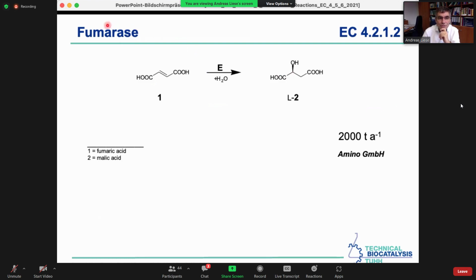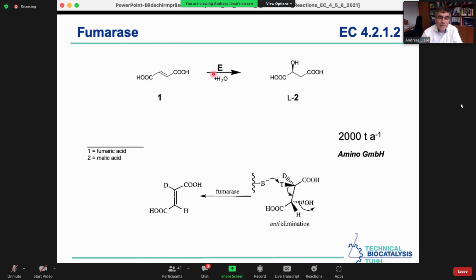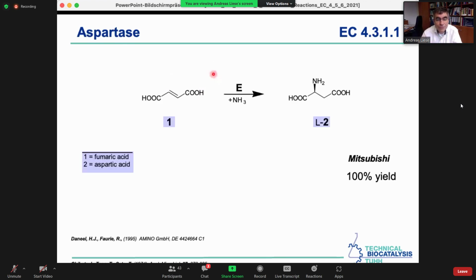And depending on the type of fumarase or what strain it comes from, the product will be either R or S selective, depending if the water is added from the top or from the bottom, so to say, because this is a plane. Yeah, so fumarase adds water, and the reaction mechanism you don't need to know. It's nice to understand, but you don't need to know for the examination.